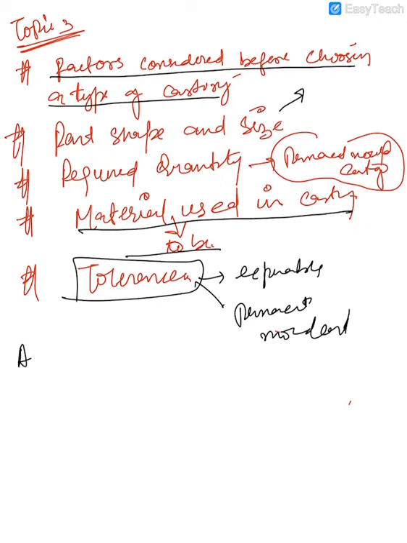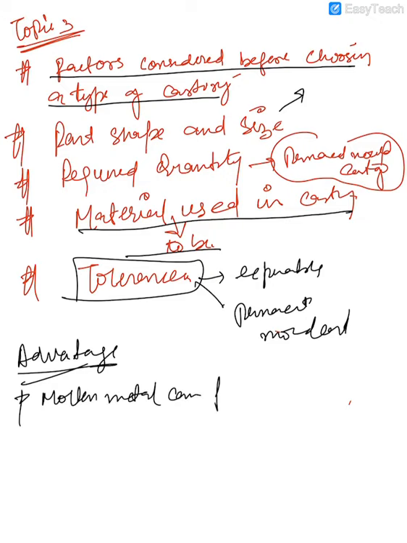Now, what are the advantages of casting? As we have studied casting, number one advantage is that molten metal can flow into any small cross section.